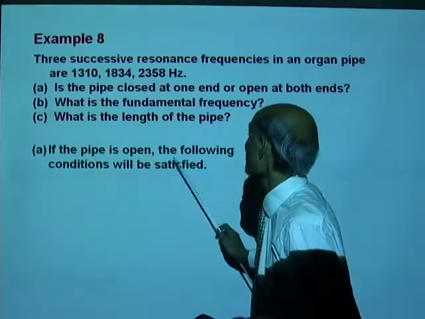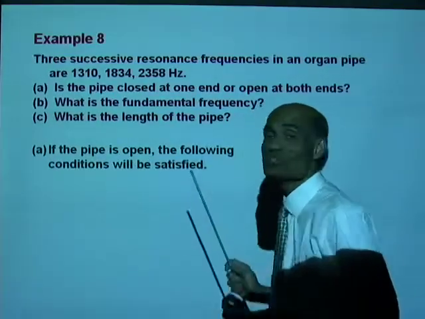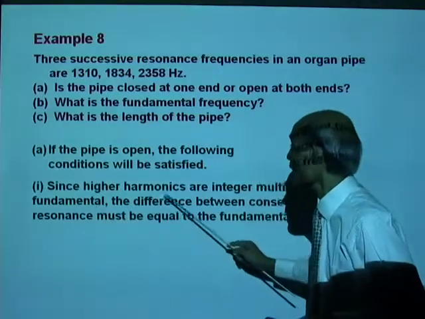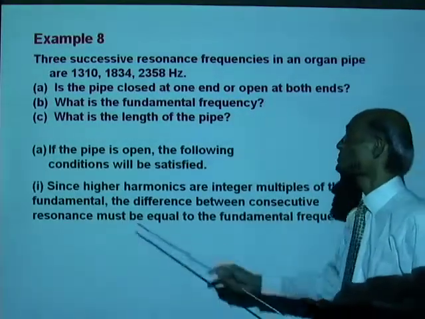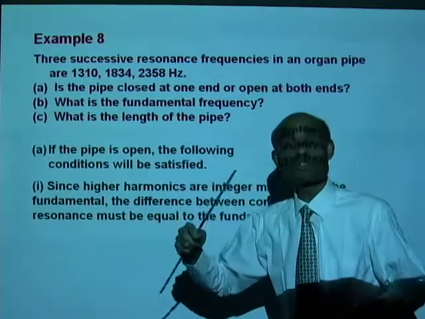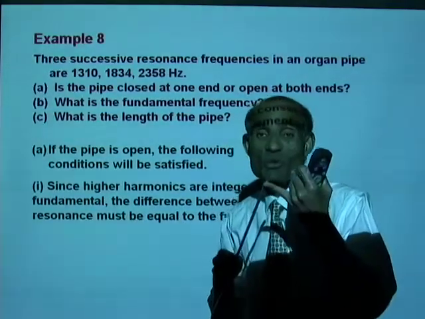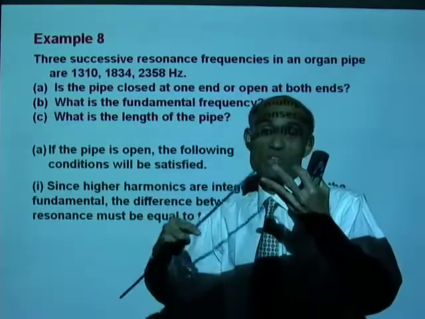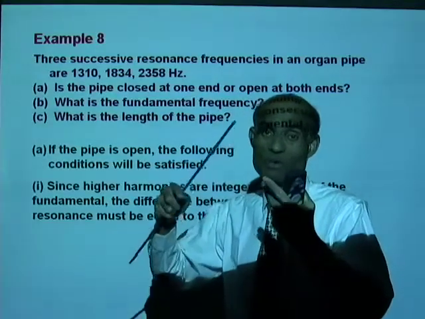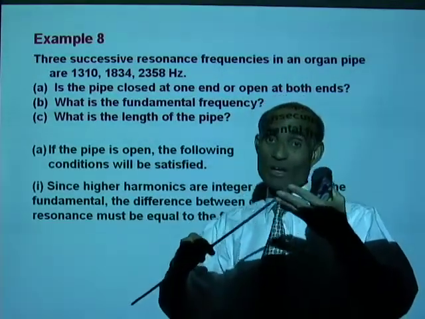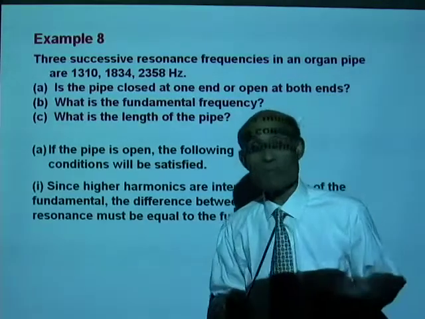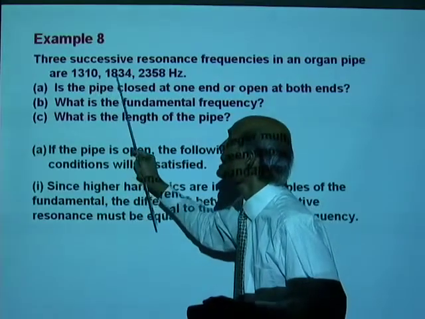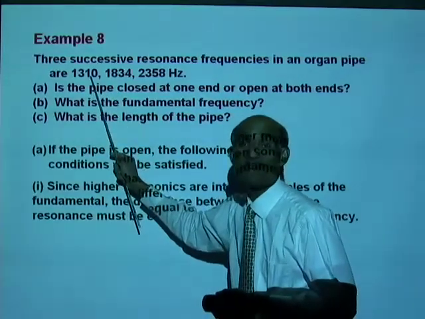If the pipe is open, then the following conditions will be satisfied. What are the conditions? Since the higher harmonics are integer multiples of the fundamental, in an open tube, if the fundamental is known, the 2nd harmonic, the 3rd harmonic, that is 2 times the fundamental, 3 times the fundamental, 4 times the fundamental, are all present. That means, if this is an open tube, the difference between these 2 will be the fundamental.